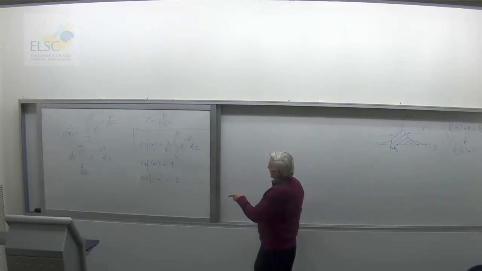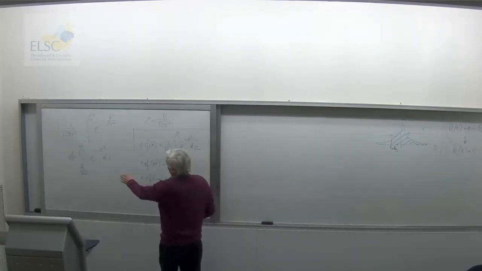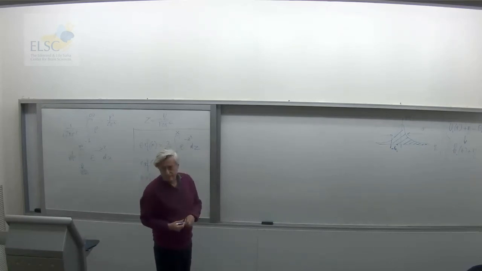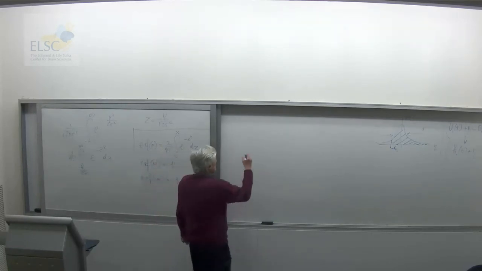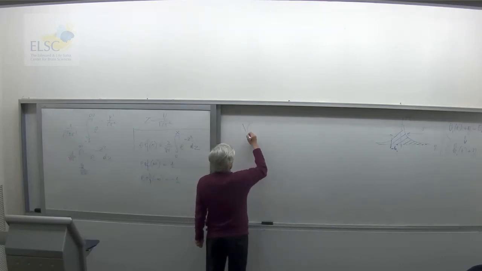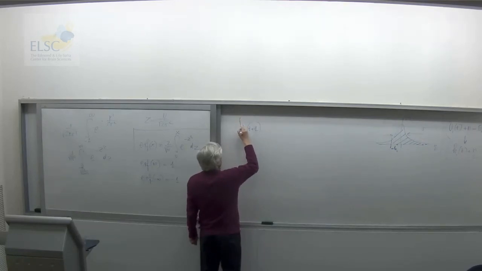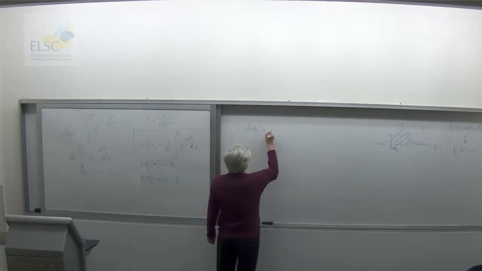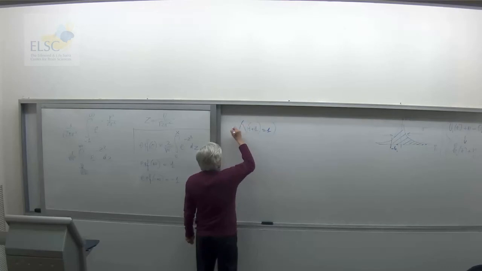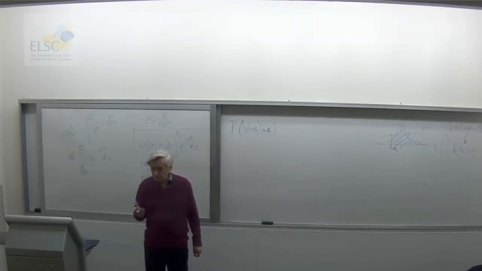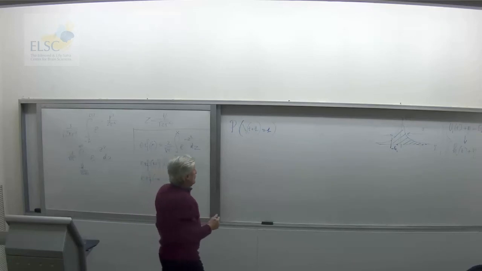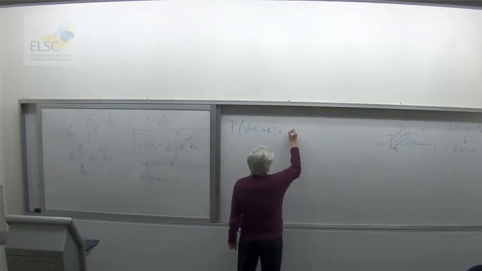If we look at this thing here, what it tells you is that the probability that V_i at t plus 1 equals 1 is now 1/2.